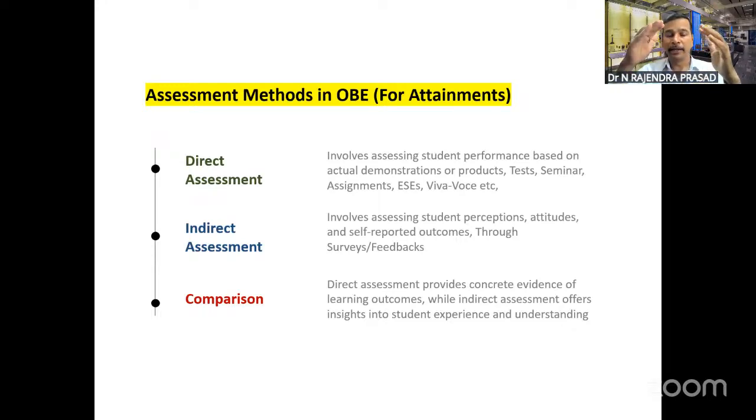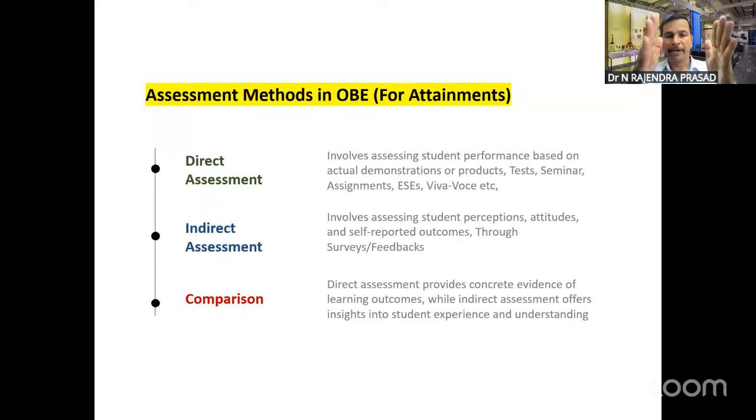Then ultimately, we have to compare the assessment results in direct and indirect assessments. Why? Direct assessment may be sometimes vague, but indirect assessment will not be. Indirect assessment will be giving you a clear picture about what the graduate is exactly doing. But the direct assessment is only in terms of the percentage of marks.